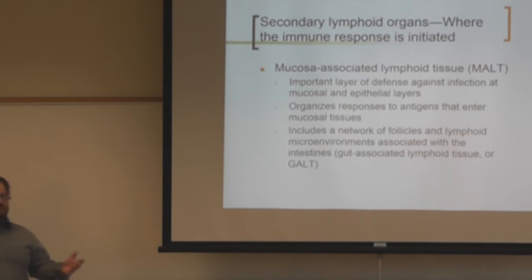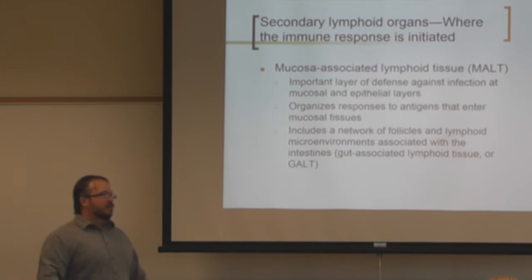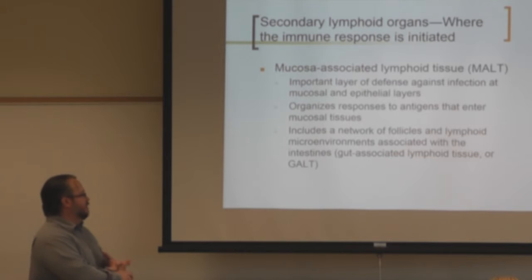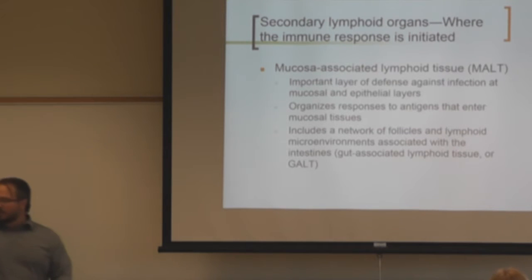Another really important secondary organ is going to be the mucosa-associated lymphoid tissue that lines our mucous membranes. That could be the nasal, that could be lung, that could be our gut. And so the one we're covering in more detail is this gut-associated lymphoid tissue, also known as GALT.